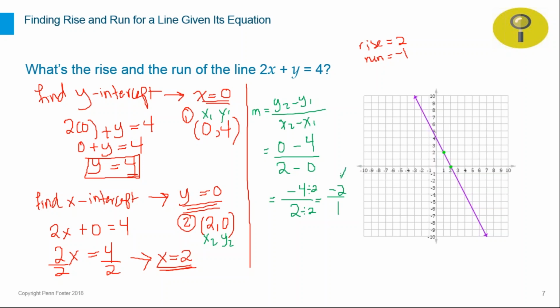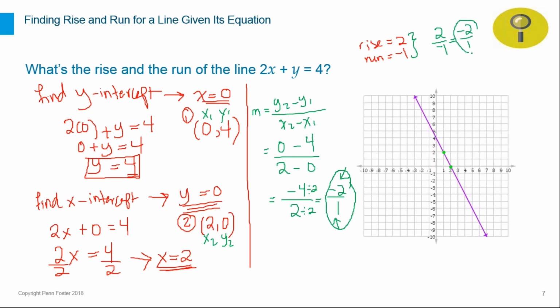So now the rise is -2 and the run is 1. This is actually the way that we're going to go. These are the values of the rise and the run that we're going to use. From the graph, we had the rise 2 and the run -1. That would be the slope as 2 over -1. Simplify the fraction. It should be -2 and 1.